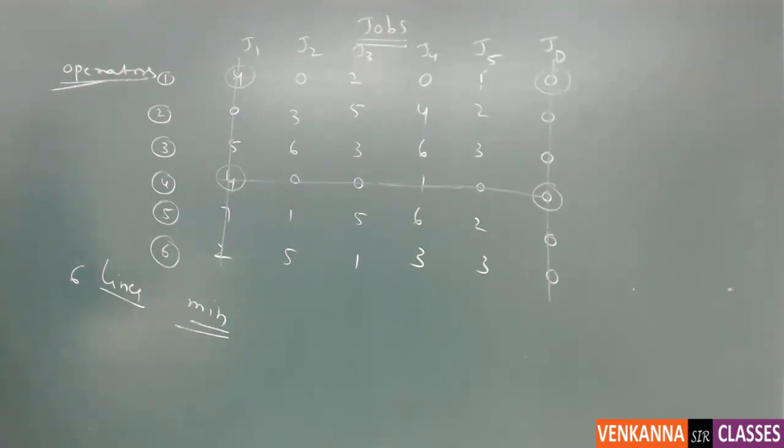Because it takes time to write the entire matrix. The problem with the assignment problem: should we draw lines before allocation? That is also acceptable, because once you get practice with the assignment problem, even if you have done the allocation, you will get the same number of lines.